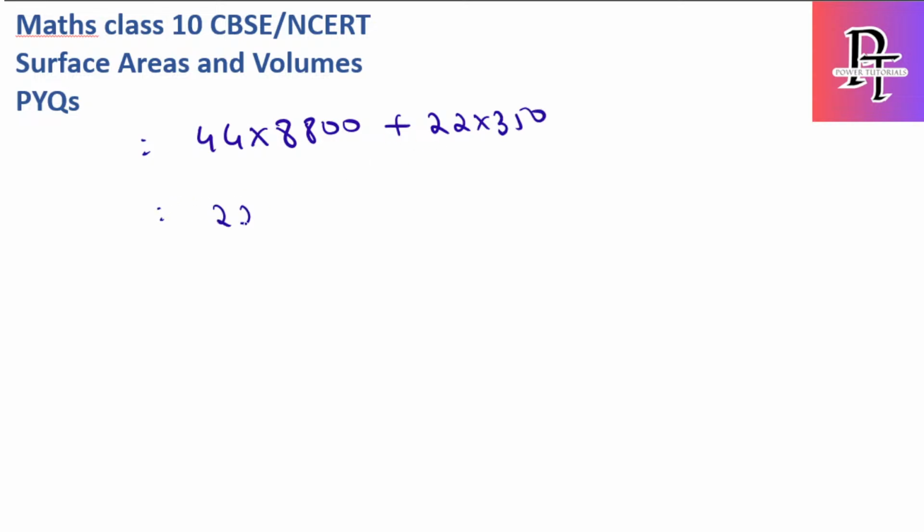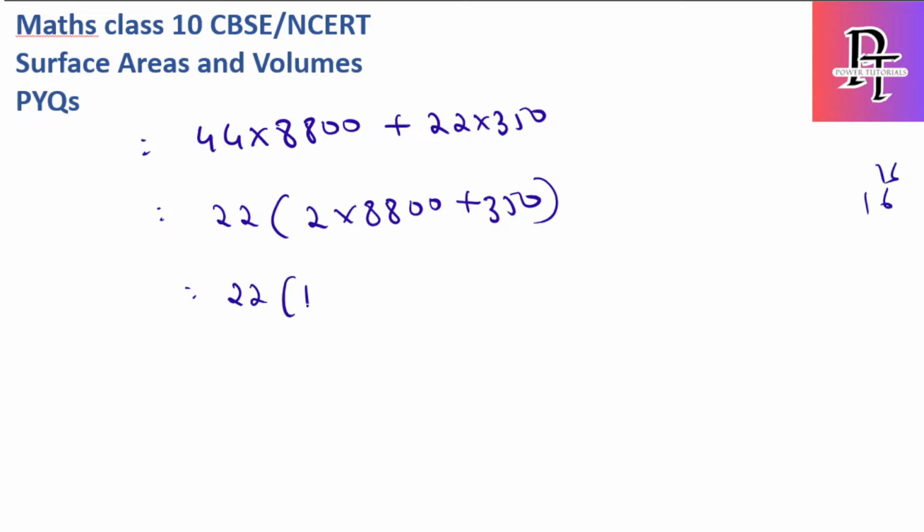If I take 22 as common, it becomes 22 into (2 into 8800 plus 350). So 2 into 8800 is 17600. So 22 into 17600 plus 350, which becomes 17950.